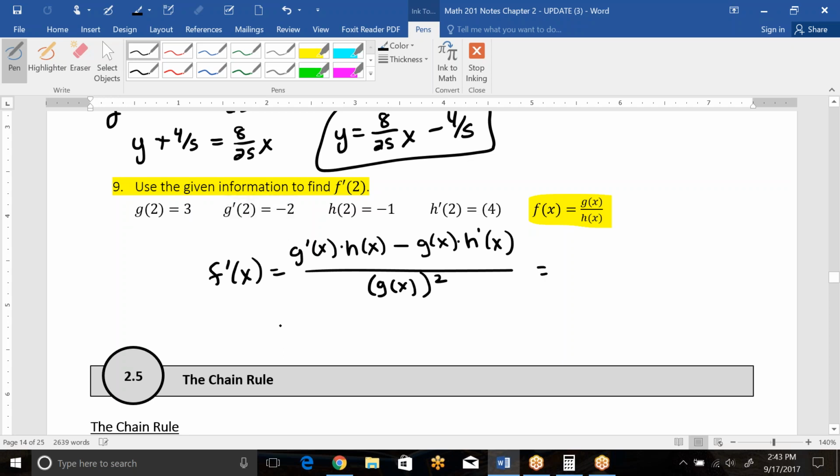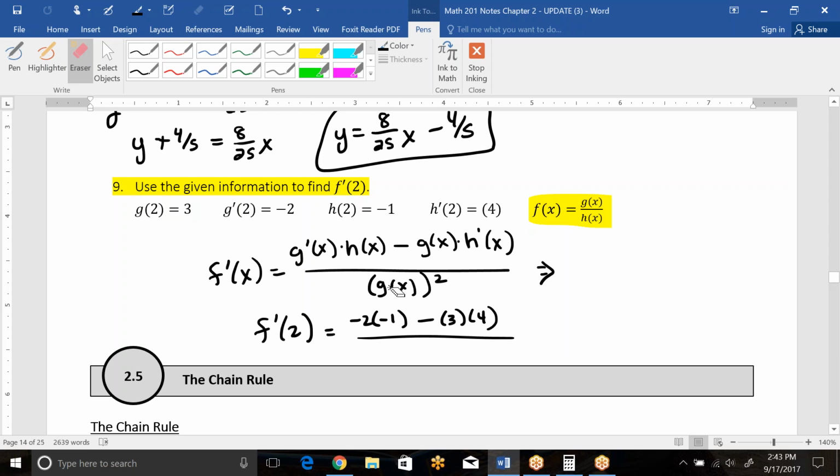So if we're going to do this for f prime of 2, let's just write that down here. g prime of 2 is negative 2, times h of 2, which is negative 1, minus g of 2, which is 3, times h prime of 2, which is 4, all over g, oops, I wrote that backwards.